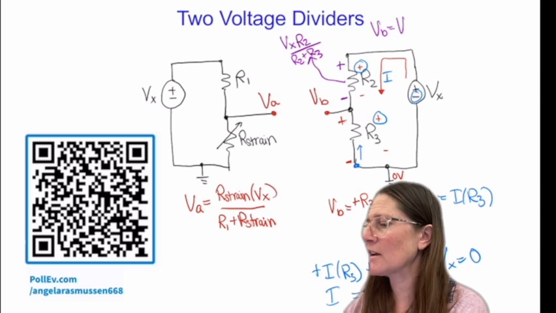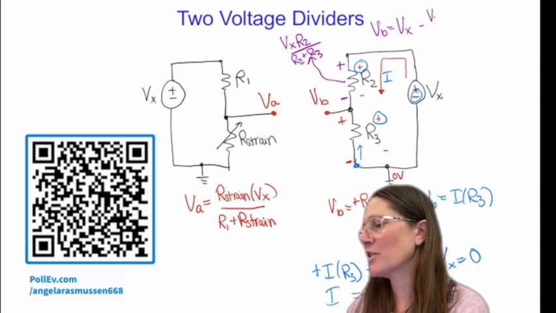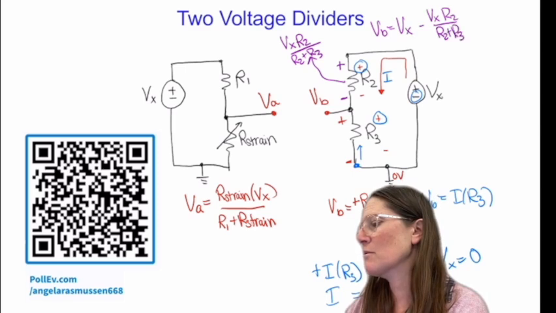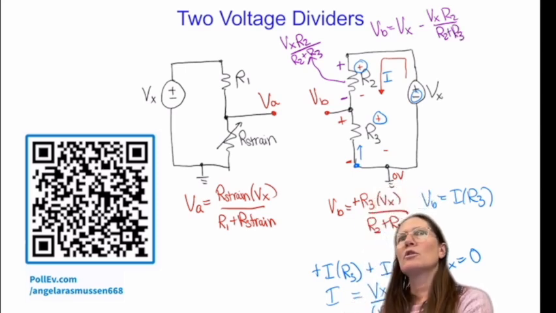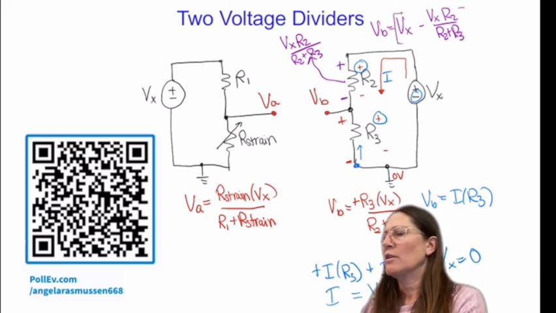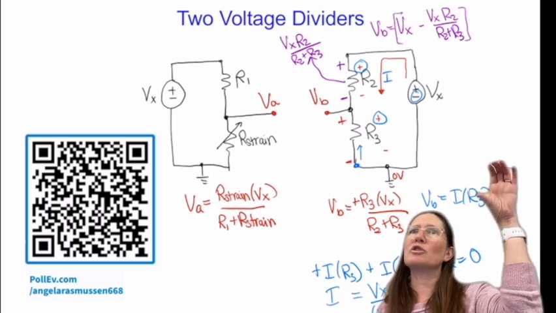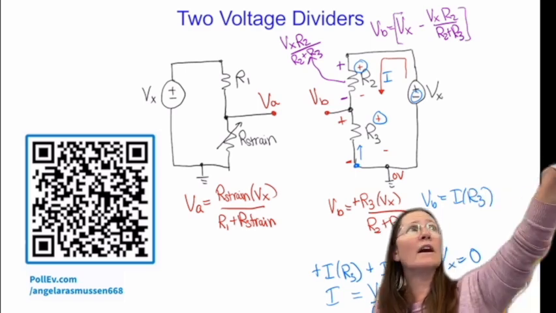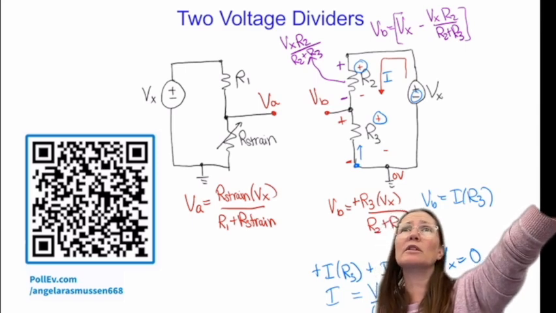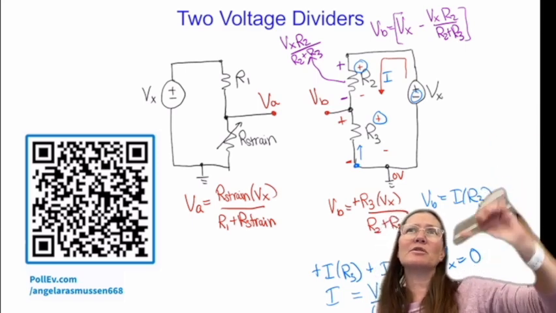So you could say it's Vx minus Vx R2 over R2 plus R3. But you can't just say it's the voltage across R2, and that's because of where the ground is located. Does that make more sense?